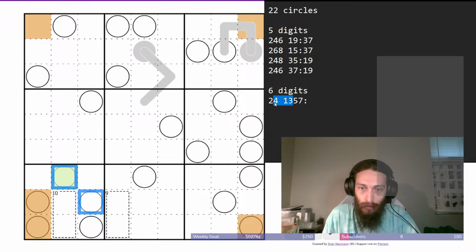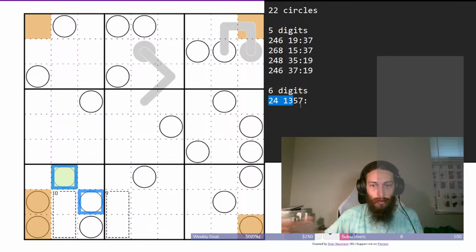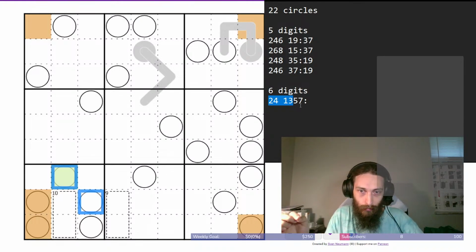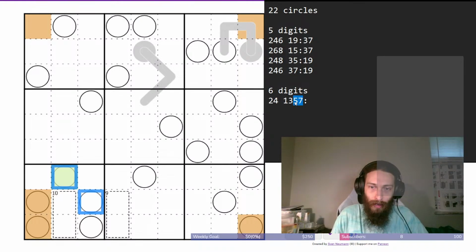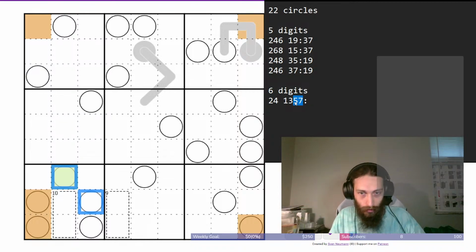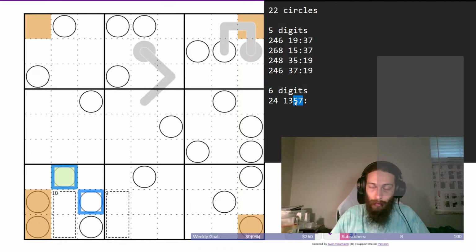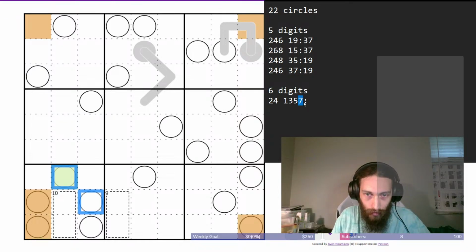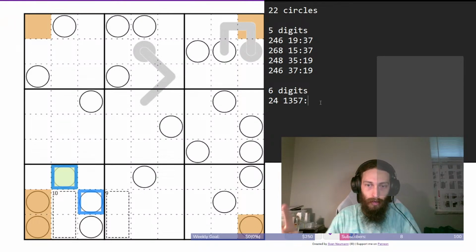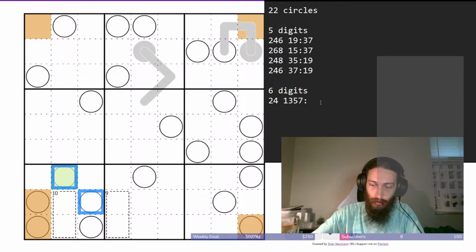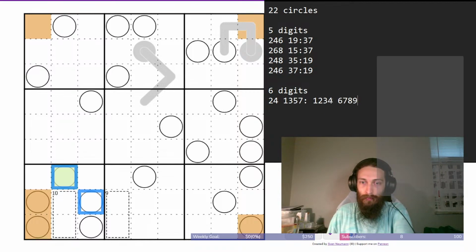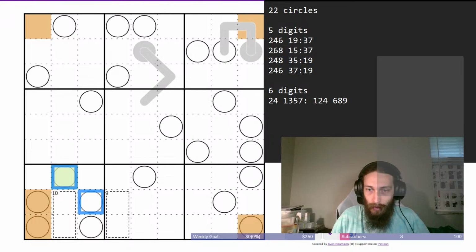Well, we know that the lowest digit from 1, 2, 3, and 4 is in the 10. So the 5 and the 7 are in the circles, because the 5 could never be in the 10. So the 7 is in the circles. So the 10 has to be either the 7's out, so the 3 is out. So it has to be either 1, 9, or 2, 8, or 6, 4.